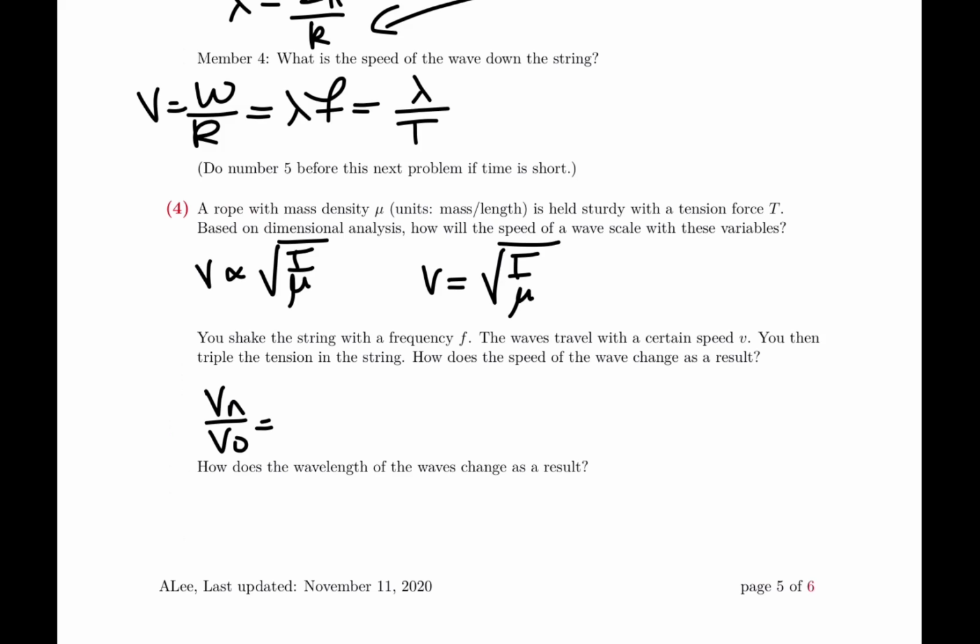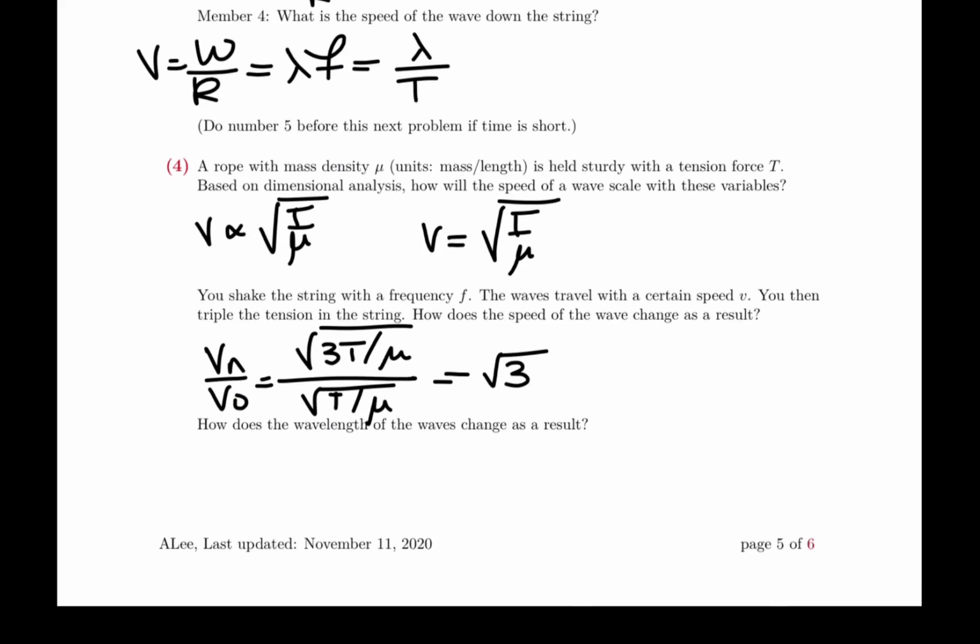So the tension has tripled, the mass density has stayed the same. This just becomes the square root of 3. So the speed of the wave increases by a factor of square root of 3.